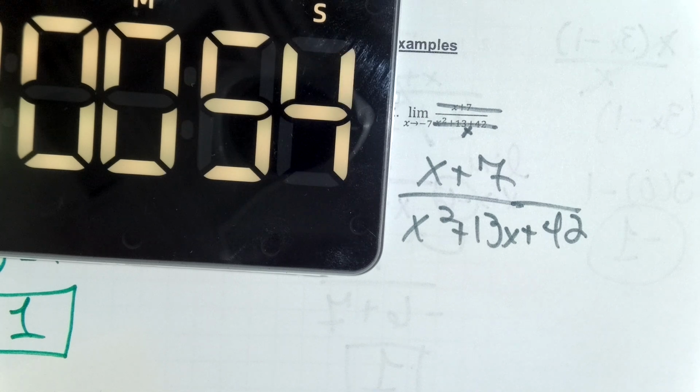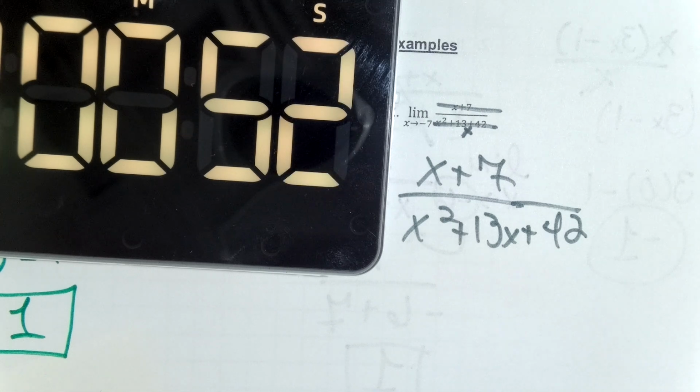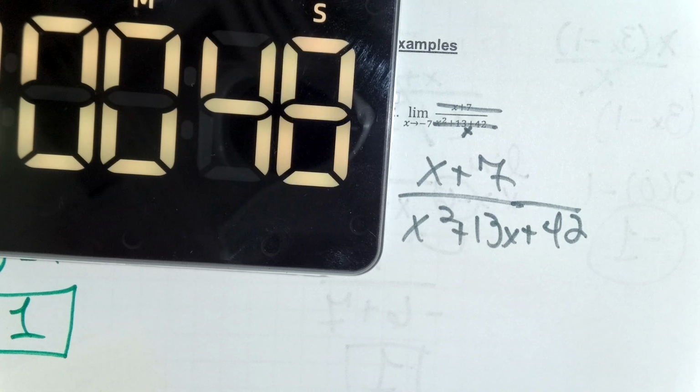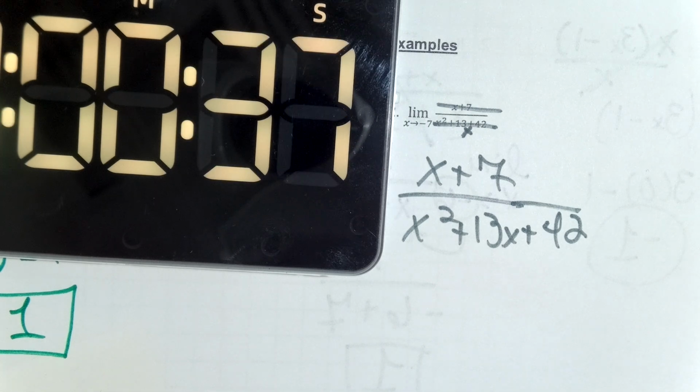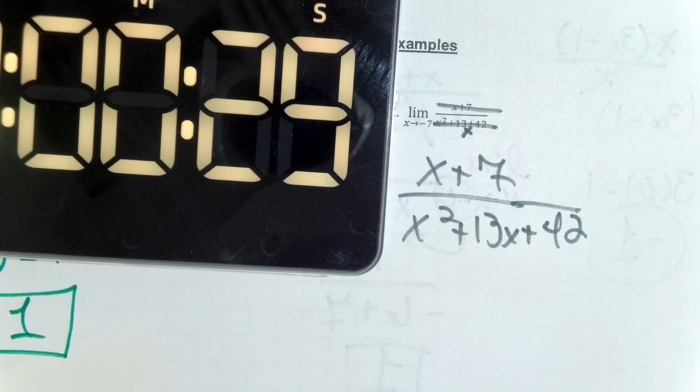When I do first, outer, inner, last, that will give me x squared plus 7x plus 6x plus 42. These are like terms that give me 13x. Okay? Got it? This is why I have to pay attention.